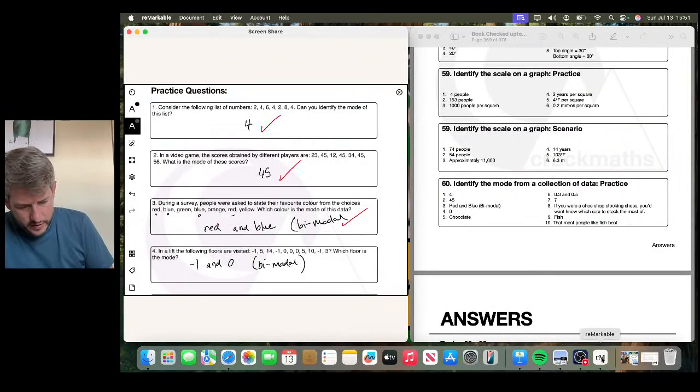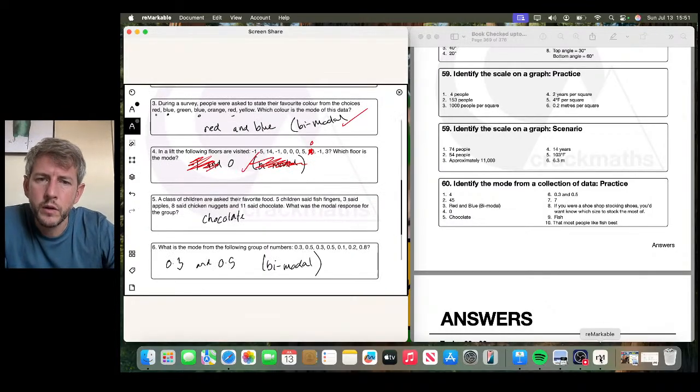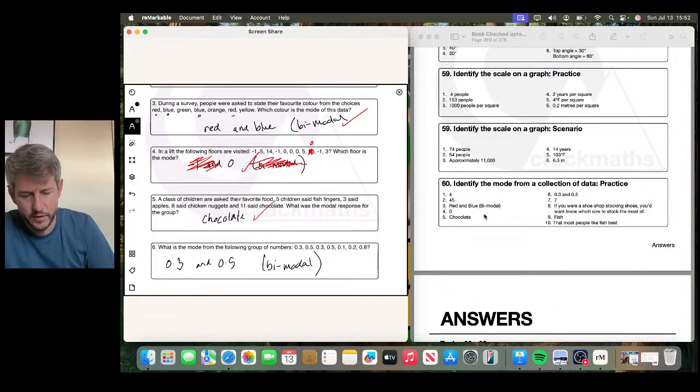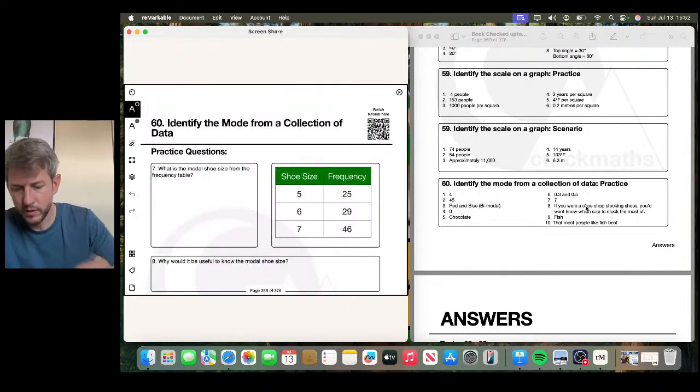Right, and then I can edit this out, so that's just 0, and now that's correct. Right, question 5 is chocolate. Excellent. And question 6 is 0.3 and 0.5. Wonderful. Right, let's move on to the second round of questions on the mode.